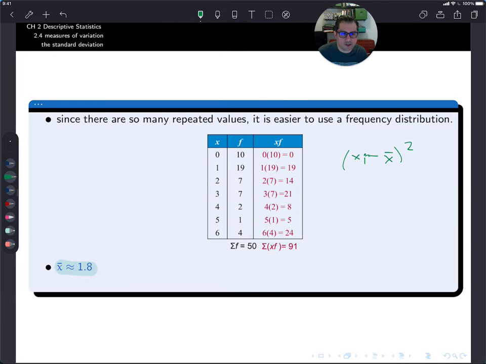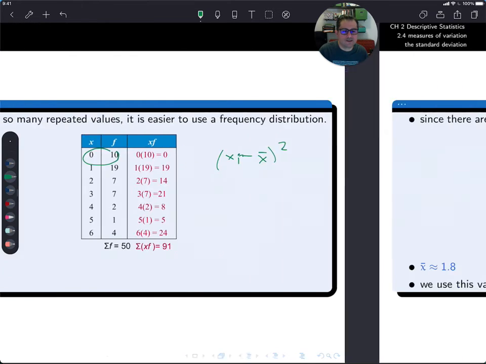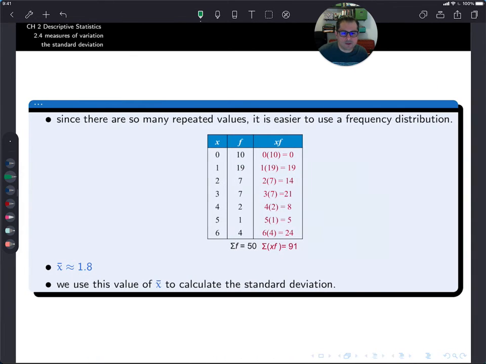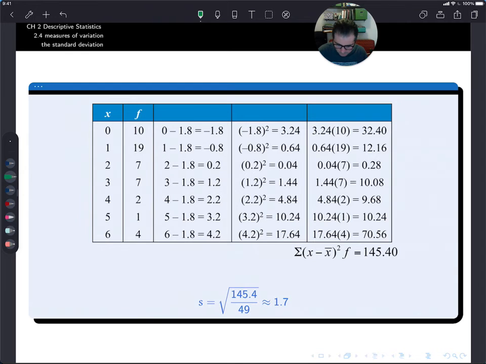I get a negative 1.8, a negative 1.8, a negative 1.8, 10 times, right? I have 10 zeros. So instead of doing that, I'm going to follow the same idea in the table, right? So I'm going to do 0 minus 1.8 is negative 1.8. You square it. But then you have to add 10 values, right? This will contribute 10 times to the sum, so you multiply by the frequency.